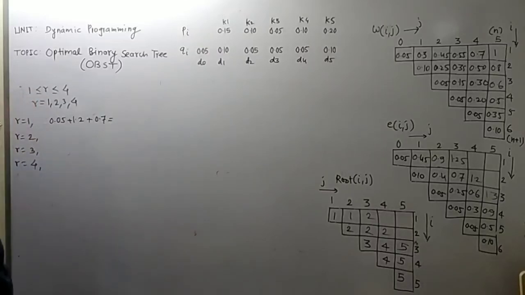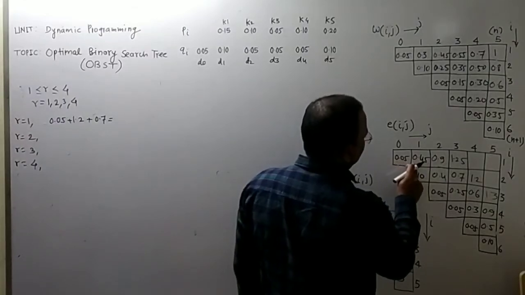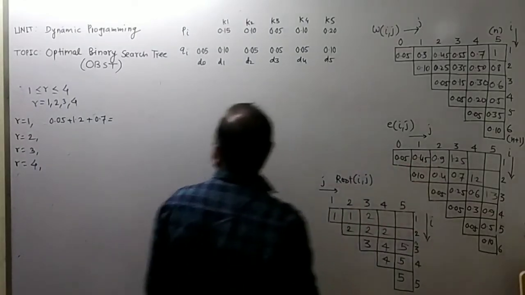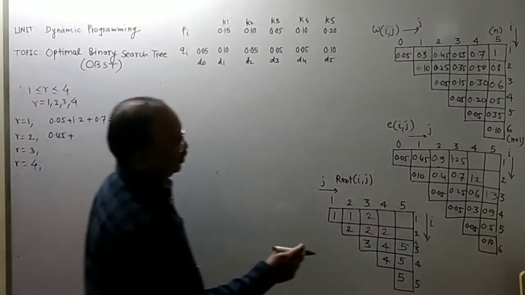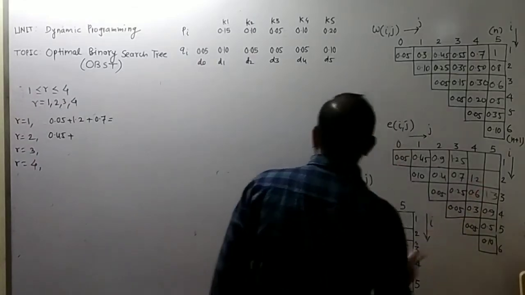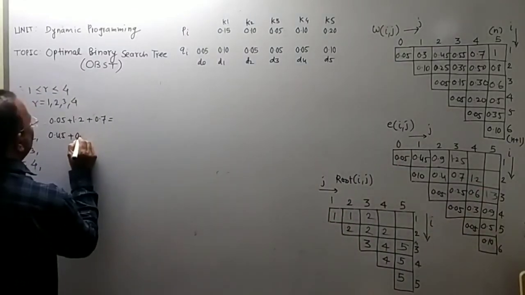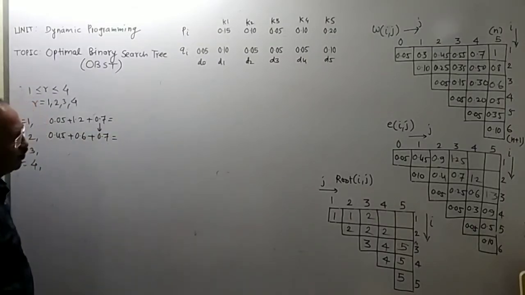Then for r is equal to 2, already we have considered 0.05. Now consider 0.45. 0.45 plus we have considered 1.2. Now consider 0.6. 0.6 plus the w value 0.7 is equal to.